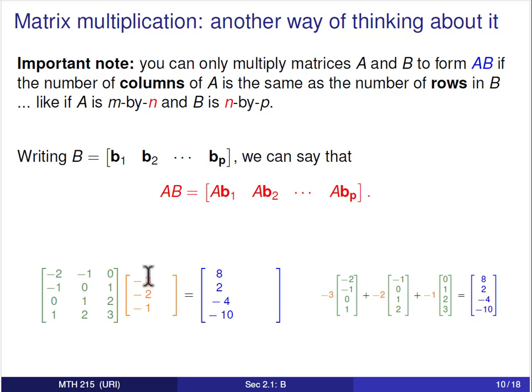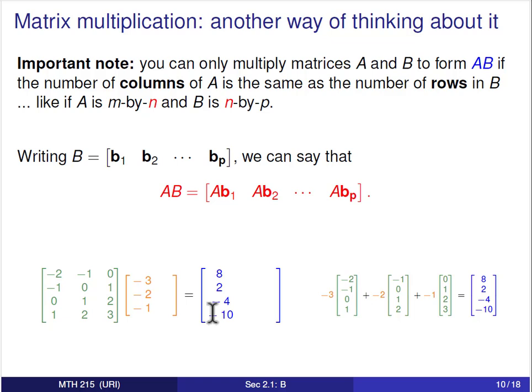We said you're going to take the numbers from that vector and attach them to the columns from the matrix. And when you do that linear combination, if you do -3 times the first vector, -2 times the second vector, -1 times the third vector, and you add them together, you can check that we get the entries 8, 2, -4, and -10, which matches what we saw before.